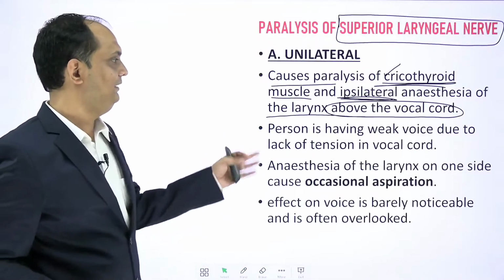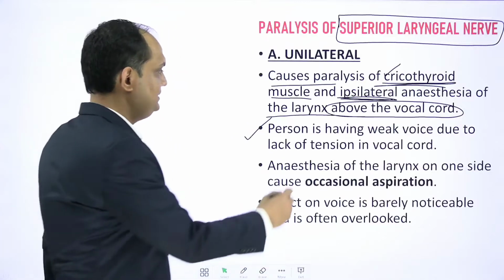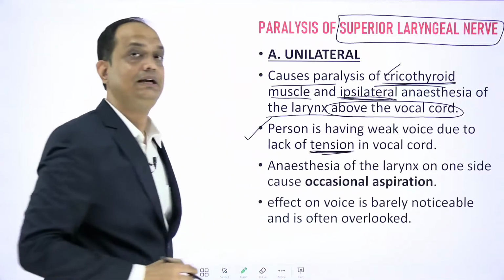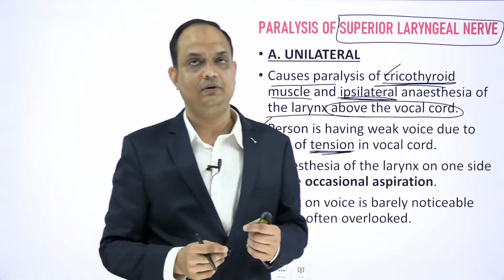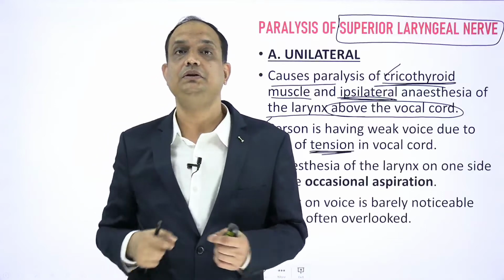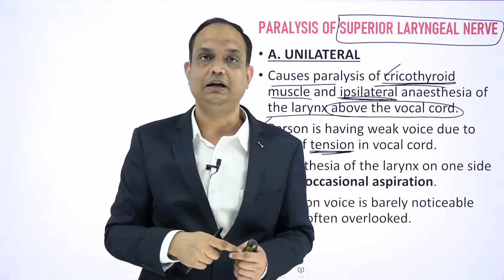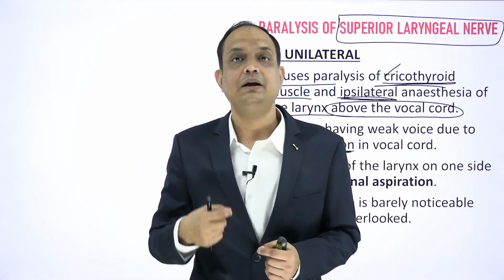Now the person is having a weak voice due to the lack of tension. I just told you that you need tension in the vocal cord. It is just like a guitar. When you are playing the guitar, you need proper tension in each and every chord of the guitar. If the chords are loose, you cannot play the guitar properly.